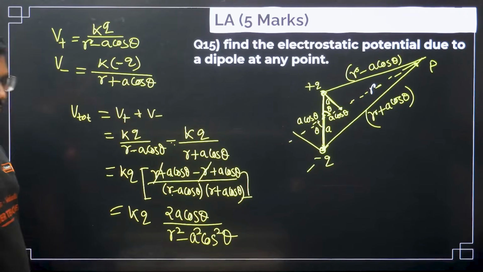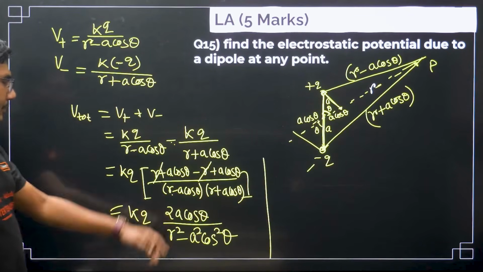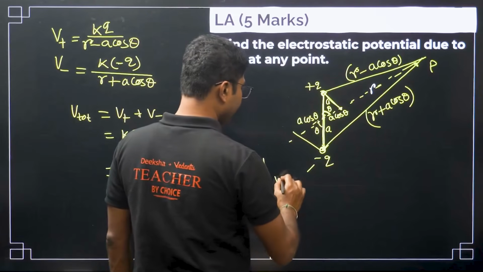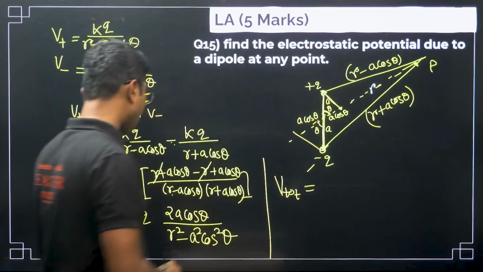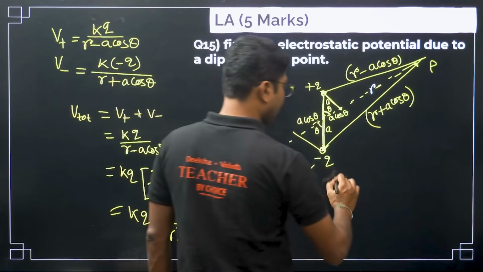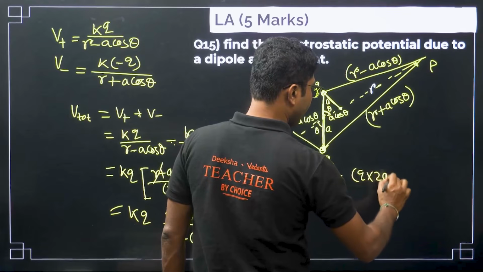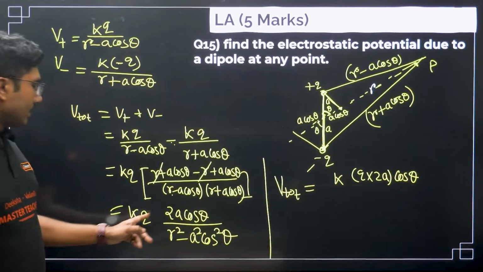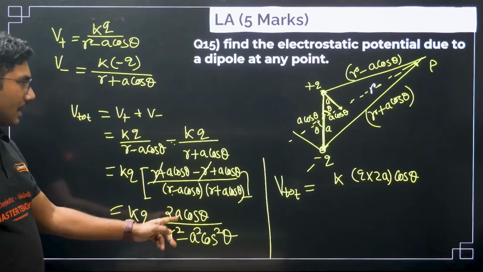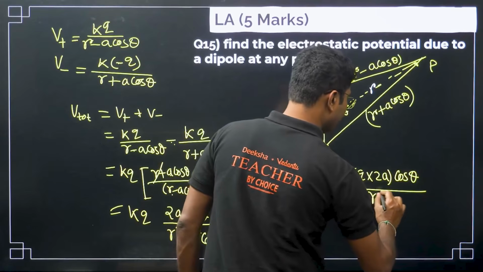Now again we will just adjust them. So V total, or net potential, is basically given by K into Q into 2A cos theta, and in the denominator we only have r squared.